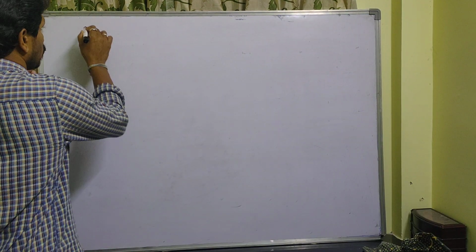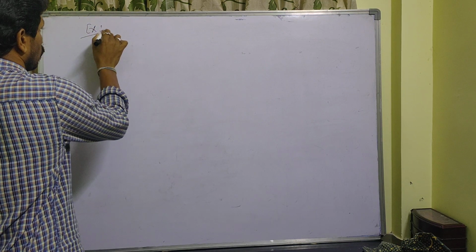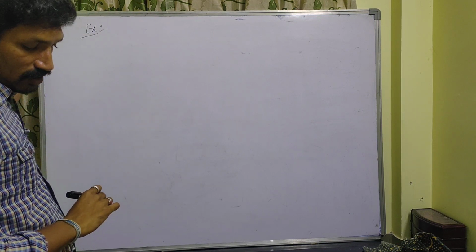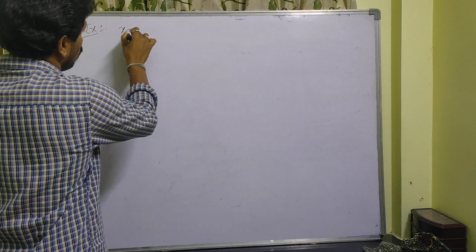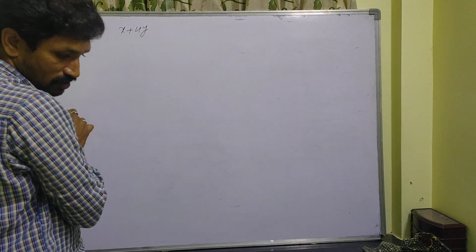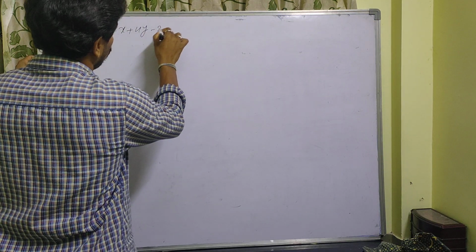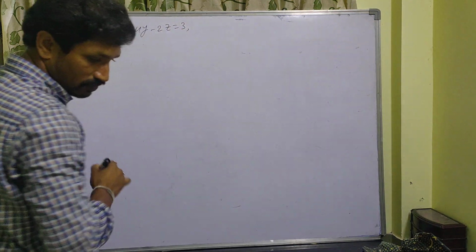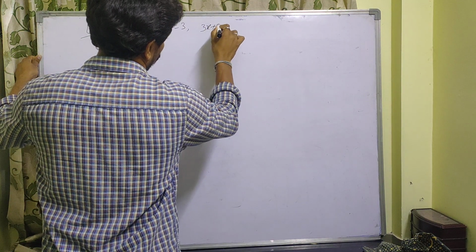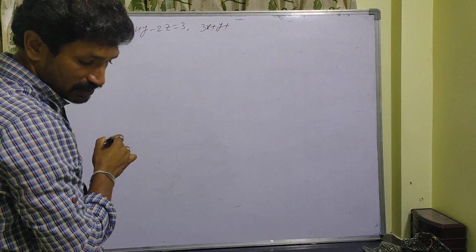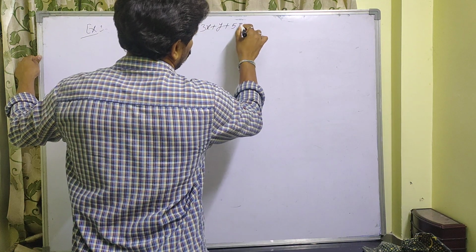Next example is x plus 4y minus 2z is equal to 3. 3x plus 5y plus 5z is equal to 7.